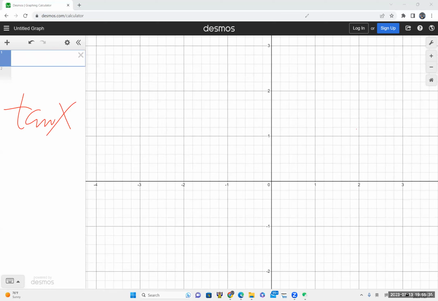Then we know it cannot be negative half pi to half pi. Then you can find some points. For example, when the angle is 0, tangent is also 0. When x is half pi, anyway, let me use decimals to quickly draw it.